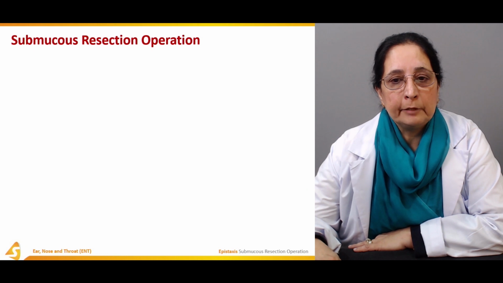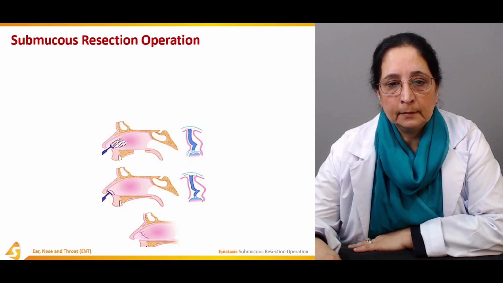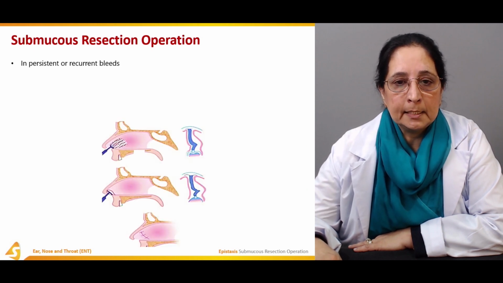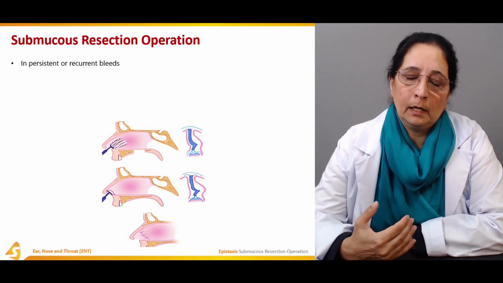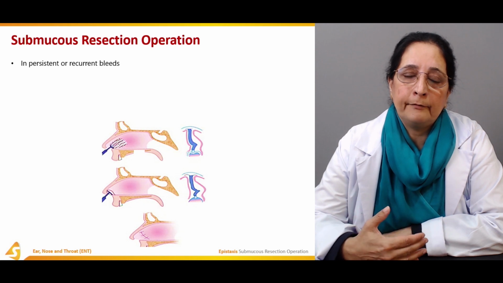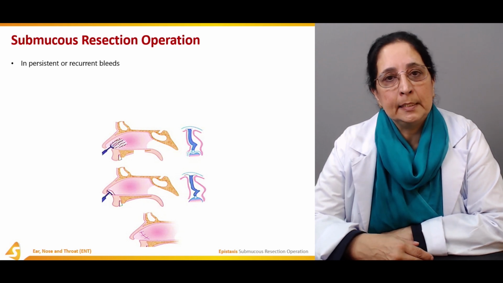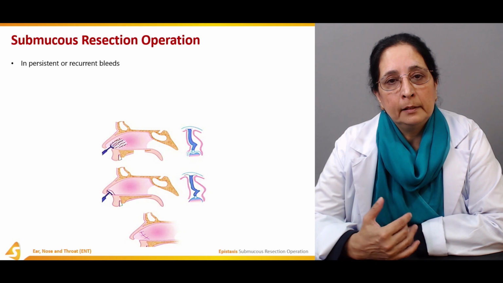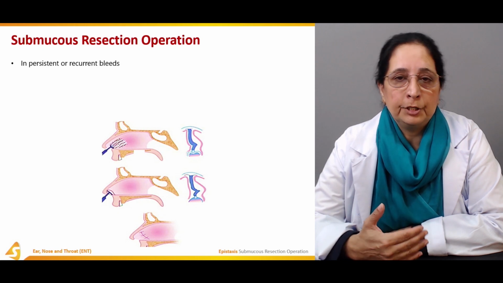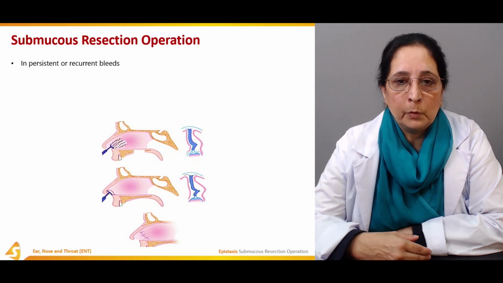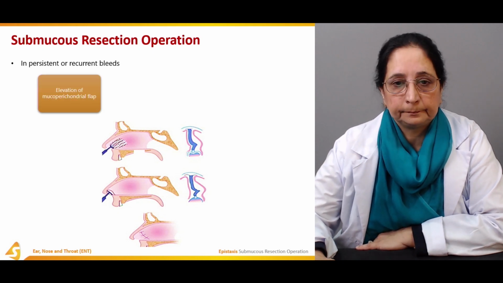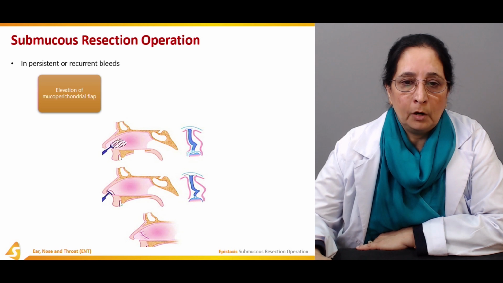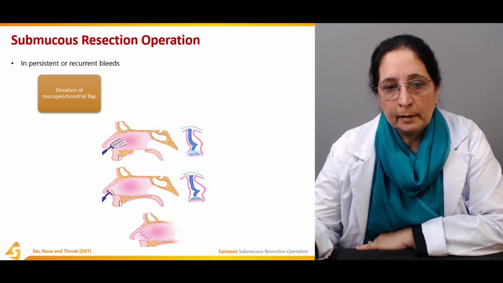So submucous resection operation in persistent or recurrent bleed. If the patient keeps on complaining or has recurrent episodes of epistaxis or bleeding, the resection procedure known as submucous resection operation is performed. Elevation of mucoperichondrial flap.